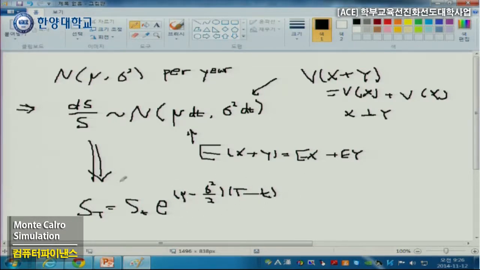So this part is all continuous compounding, and then plus sigma root T minus t, and then epsilon, where epsilon is the standard normal distribution. And the most interesting part is this part, right? This is the convexity adjustment.